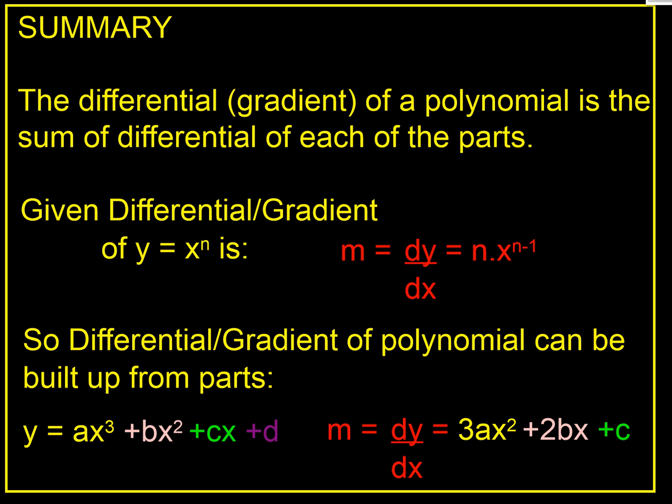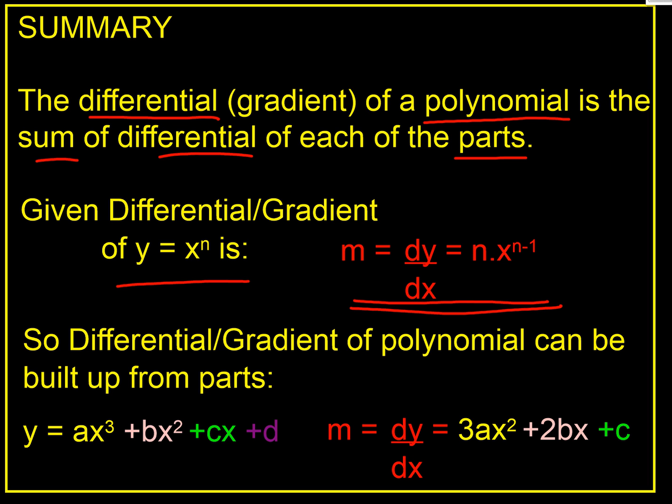Okay. So to summarize, if we've got a polynomial and we want to differentiate it, then the differential will be the sum of the differentials of each of the parts separately. We know what our generalized formula is: y equals x to the n, and the gradient of that is going to be n x to the n minus 1.